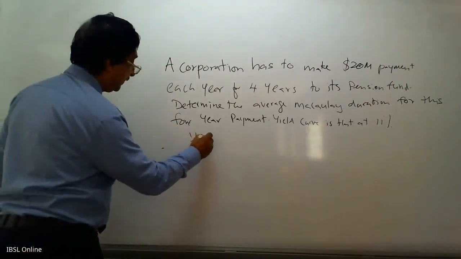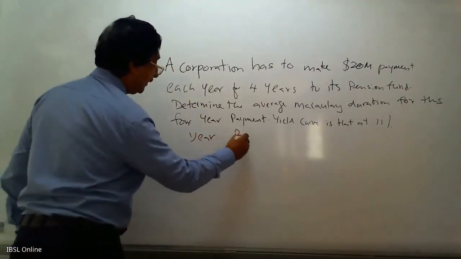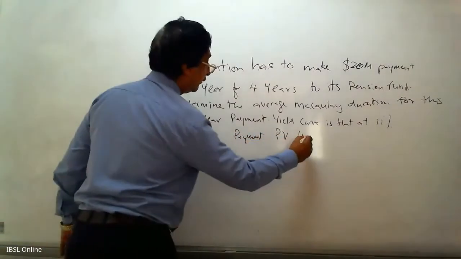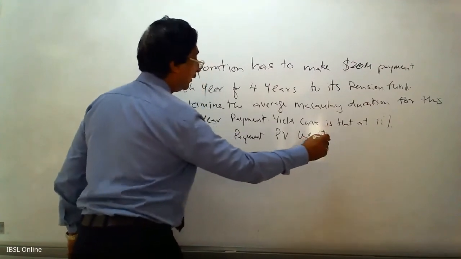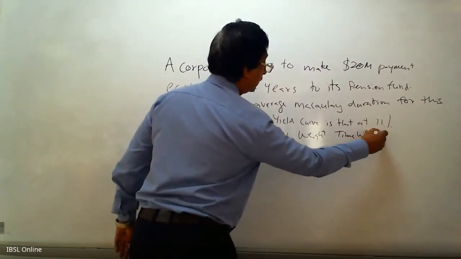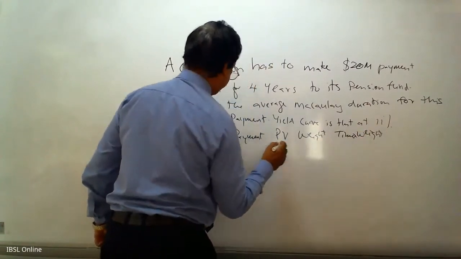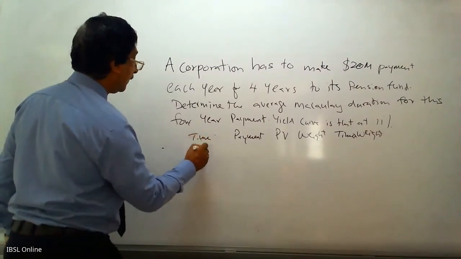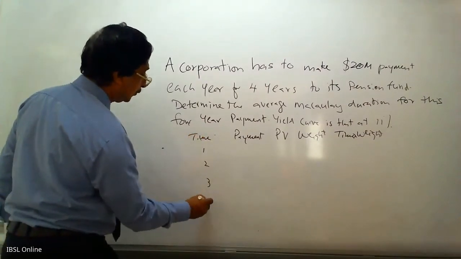We can say here: time, payment, present value, weight, time into weight. Time is 1, 2, 3, 4.